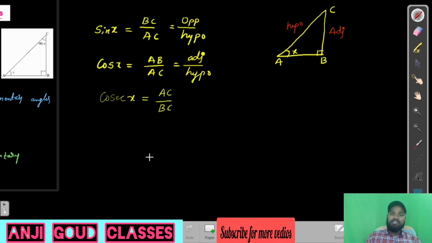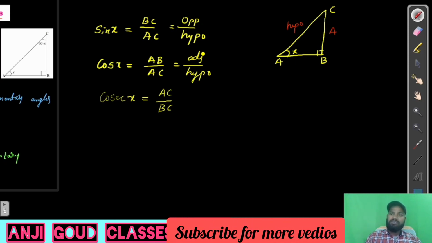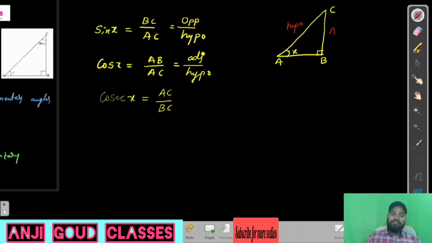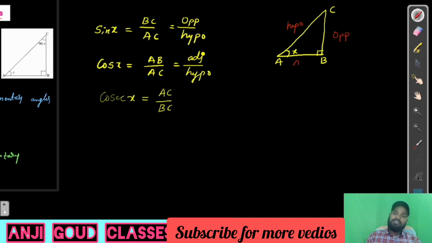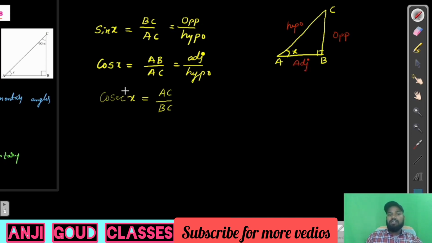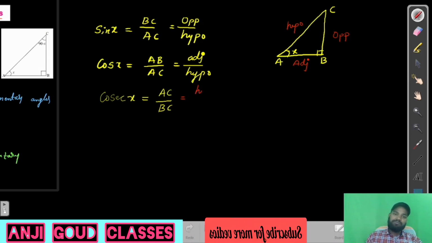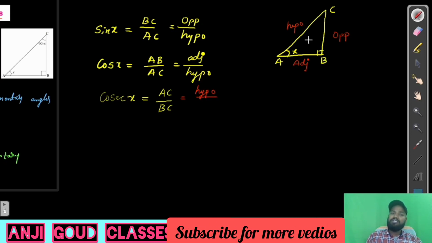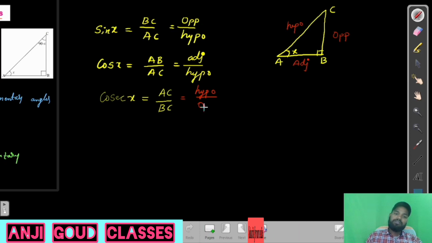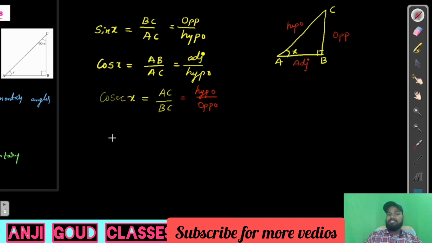So cosec x is equal to AC by BC, which is hypotenuse by opposite. Okay, clear?